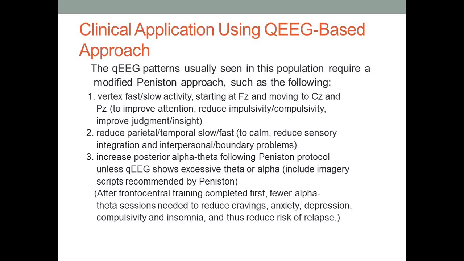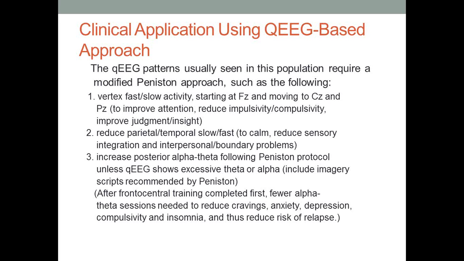What I'm trying to do with the FC and CZ work is a couple of things. First off, I want to decrease that excessive activity, but the other thing is as we do that, we find the frontal lobes basically start to come online and start working much more efficiently, or maybe start working for the first time in quite a while.